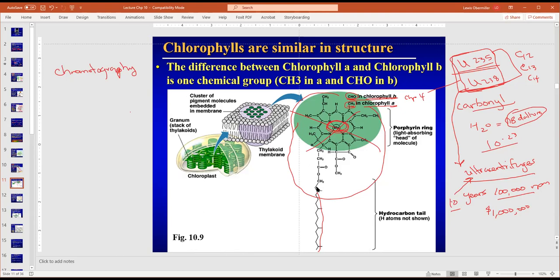I also want you to see that this very much resembles a phospholipid, and it sits in the phospholipid bilayer of the thylakoid, which are these, remember, these little green discs. So it's in this membrane. It's right here in this membrane of the thylakoid where chlorophyll sits. All right, any questions about that?